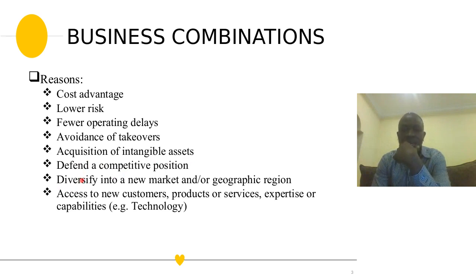Then we also have the reason of diversification into a new market or a geographic region, when maybe a company outside Kenya wants to come into Kenya. The easiest way to penetrate the market is by having a merger or acquiring an existing company.